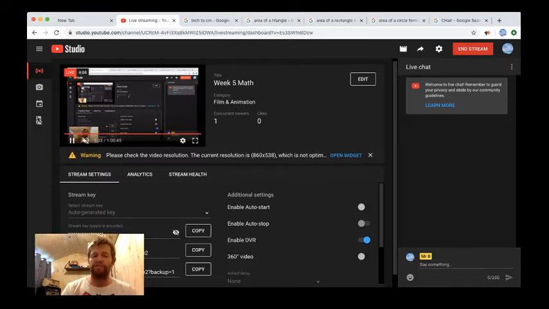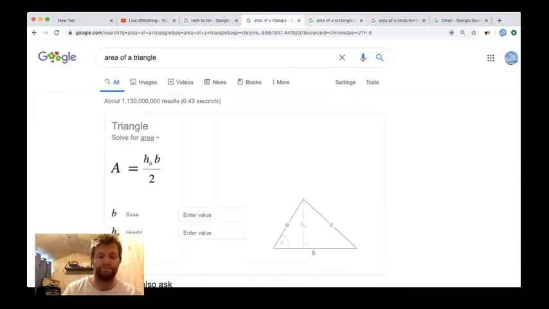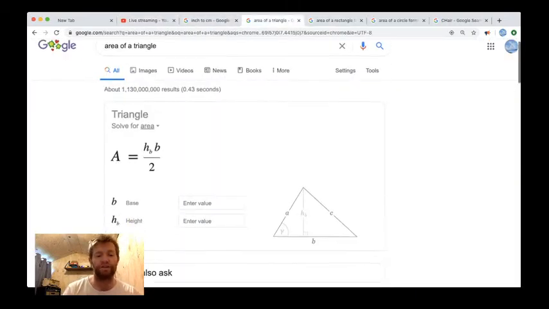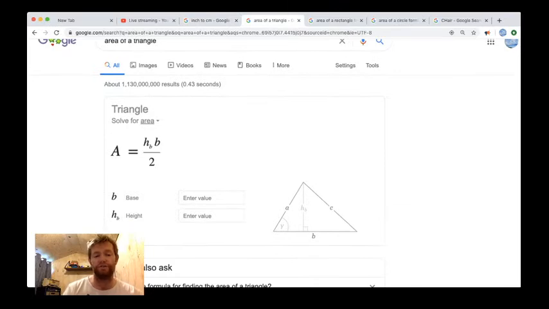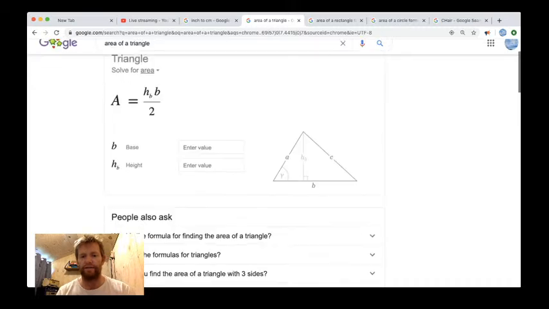So let's get to the actual formula. As I've said, you need to show full working. This one here is for triangle. If you were going to do a triangle calculation, you would work right here. As you can see, there is the height and there is the base along the bottom.